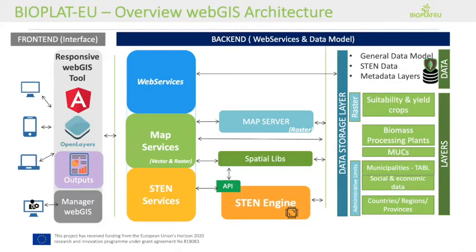This is the overview of the WebGIS architecture. The system architecture is based on client-server, where the information is accessible by web services. The front end has two parts: a public interface with a map viewer, where the user interacts with the platform, and a private interface for administrative tasks such as managing metadata, layer information, and enabling users and other options.